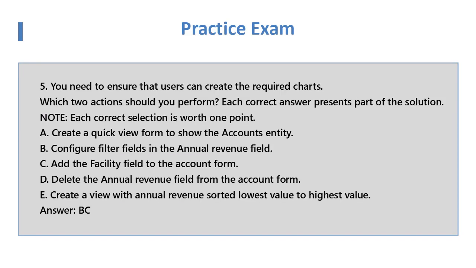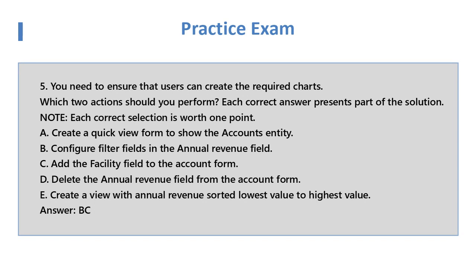5. You need to ensure that users can create the required charts. Which two actions should you perform? Each correct answer presents part of the solution. Note: each correct selection is worth 1 point. A. Create a quick view form to show the account's entity.